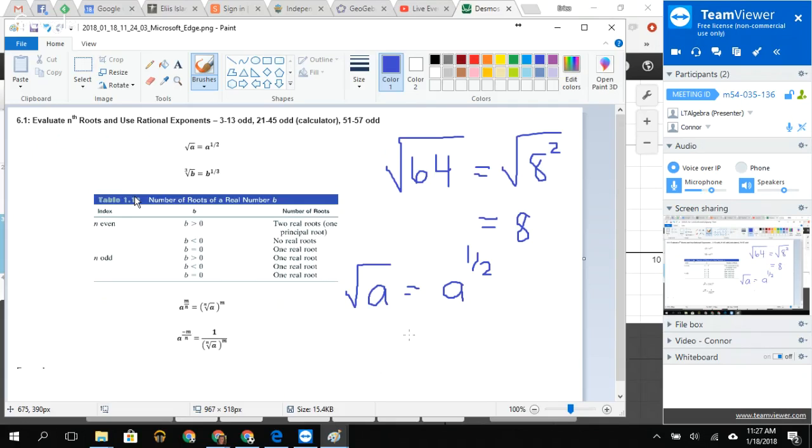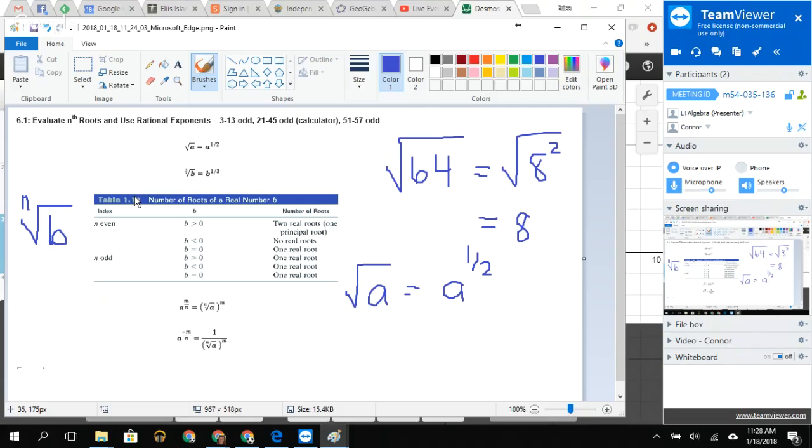I'm looking at my little chart here, and like I said, I don't like my notes here because I don't think they're clear. So what this little table refers to is if you are taking the root of a number b to some n power.